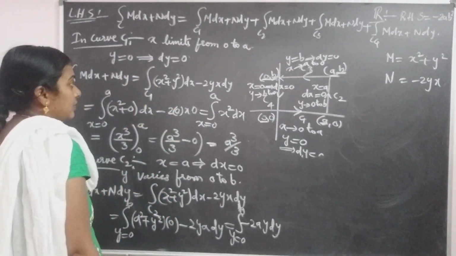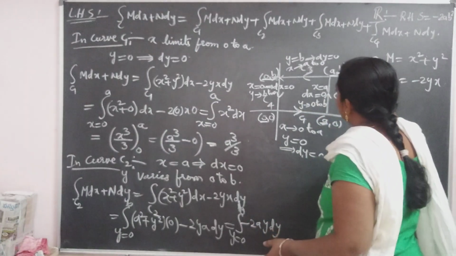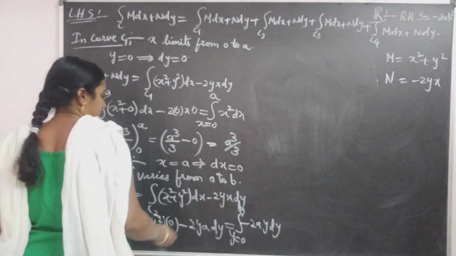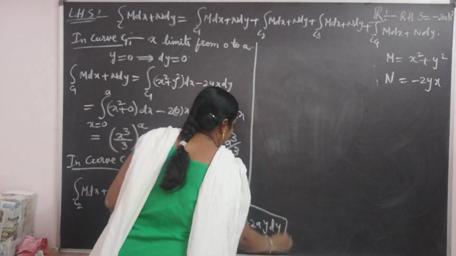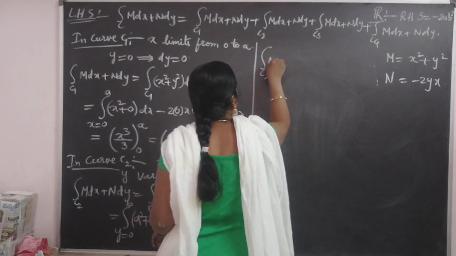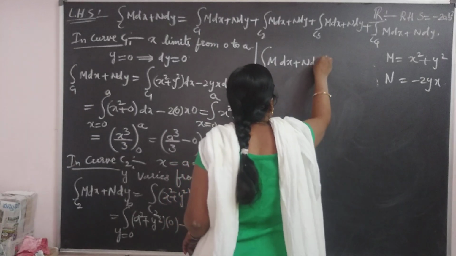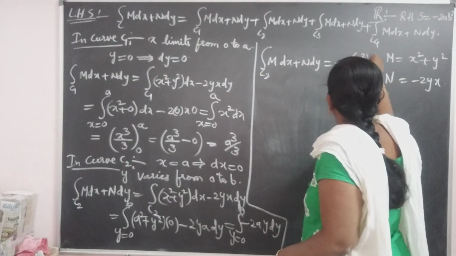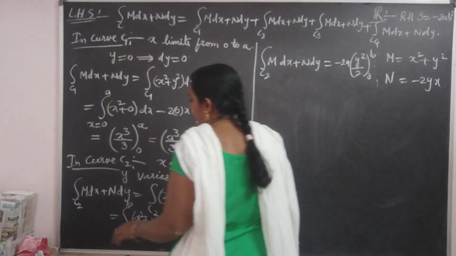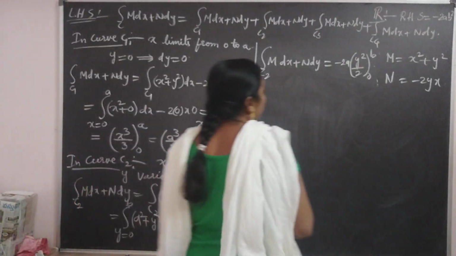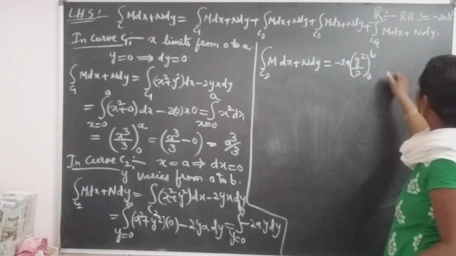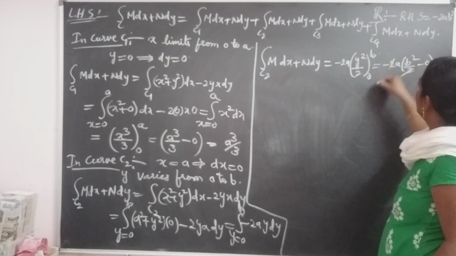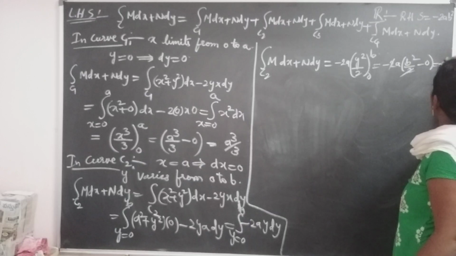The integral over C2 is equal to minus 2a, y integration is y square by 2, limits from 0 to b, which is minus 2ab square by 2 minus 0. 2 gets cancelled. It is equal to minus ab square.